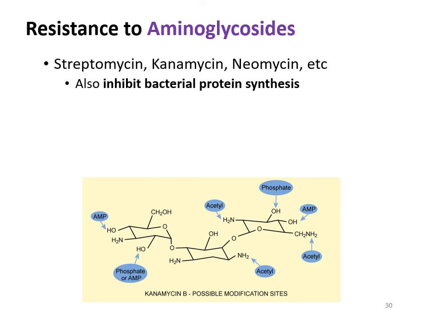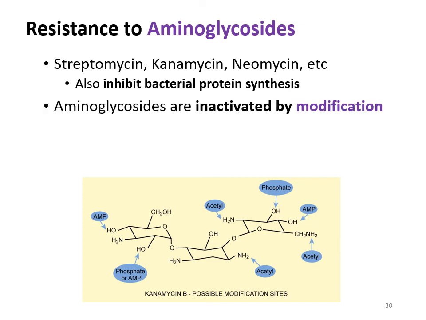So how can that bacteria fight back? Like we mentioned in the previous slides, by capping or modifying those groups that the antibiotic would use to bind to the ribosome. So if the bacteria can now cap the OH groups or NH2 groups with acetyl groups or phosphates, or somehow modify these groups, that antibiotic can no longer bind to the bacteria's ribosome.